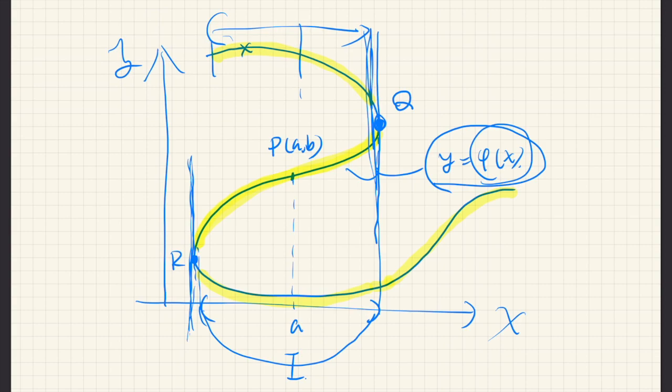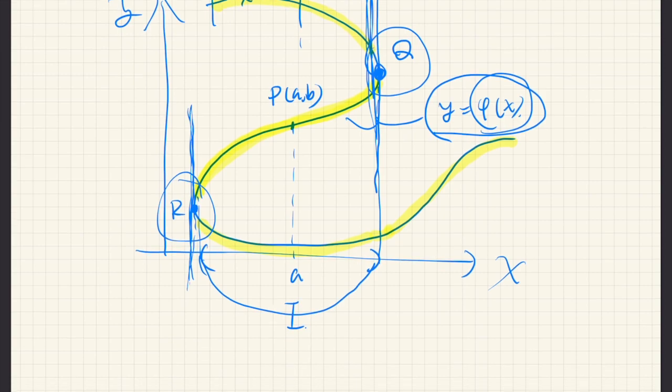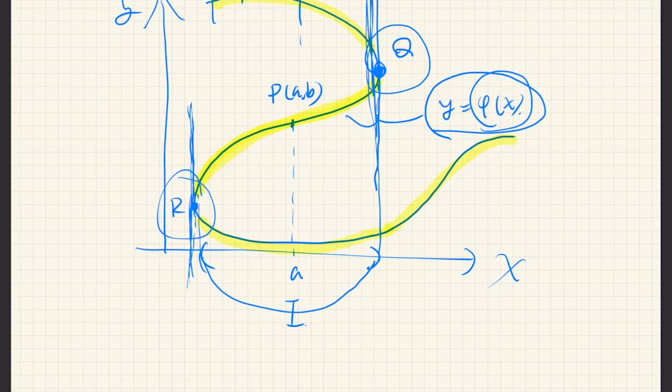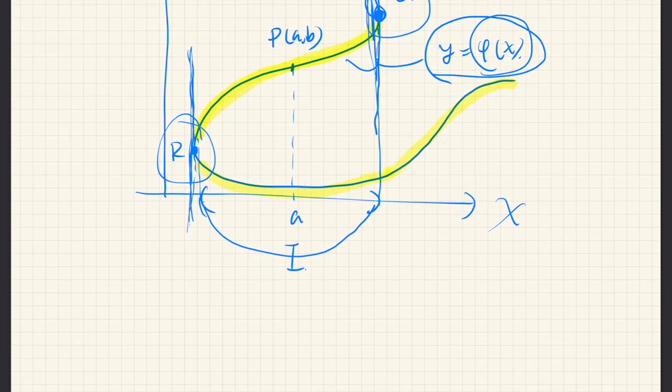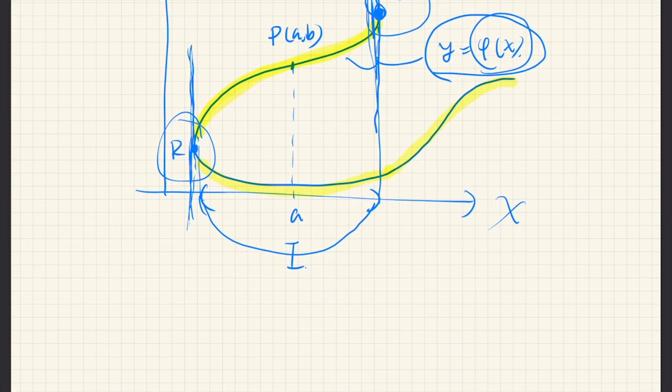So what can we do about these points such as Q or R here in this example, where the slope of the tangent is vertical? In that case, instead of considering y as a function of x, we may consider x as a function of y, as long as the partial derivative with respect to x is non-zero.